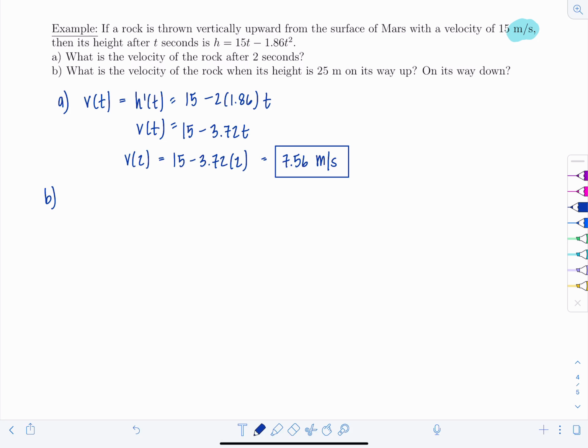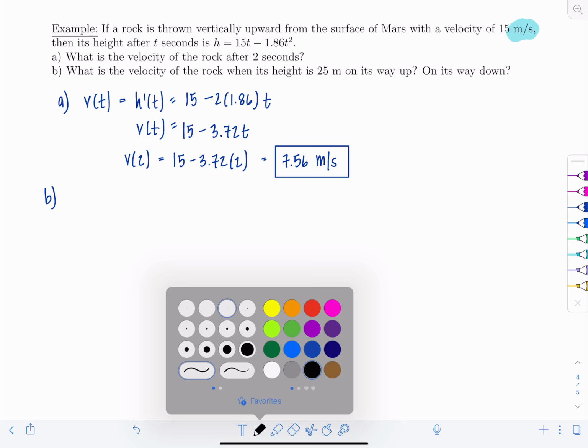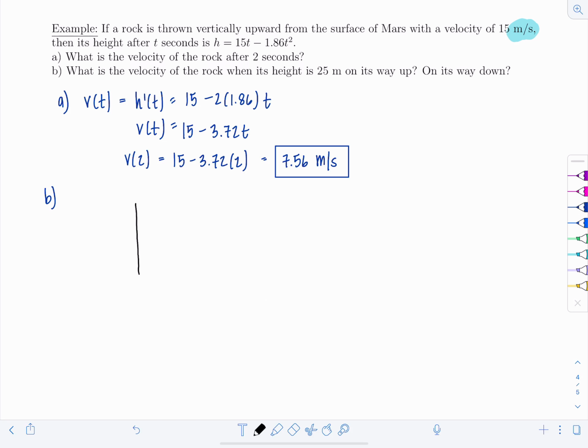Part B. What is the velocity of the rock when its height is 25 meters on its way up and on its way down? Okay, so first of all, I don't know at what time it's at 25 meters. So here is what is going on, people. We've got this rock. We're throwing it vertically, same as before. They didn't tell me an initial height.